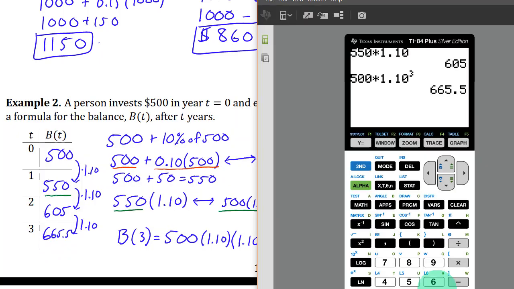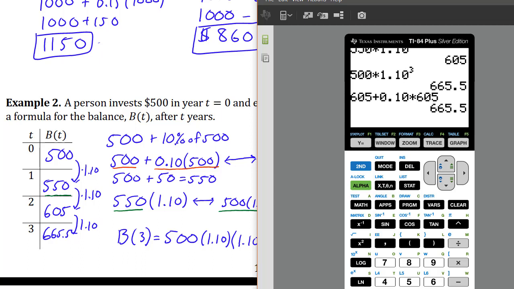Let's just check. If you do 605 plus 10% of 605, that should also be the result of taking $605 and increasing it by 10%. And it comes out to the same thing.